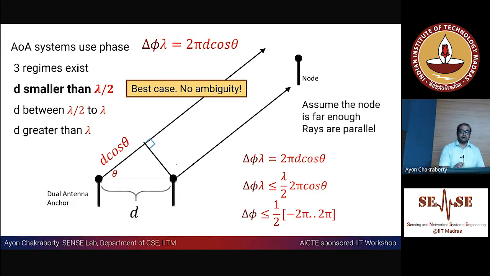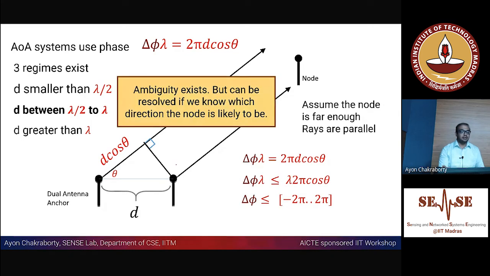Now if we go to the next case, where d is greater than lambda by 2, I again write down the same equation. Delta phi is now less than or equal to, replacing d by lambda itself, 2 pi into cos theta.